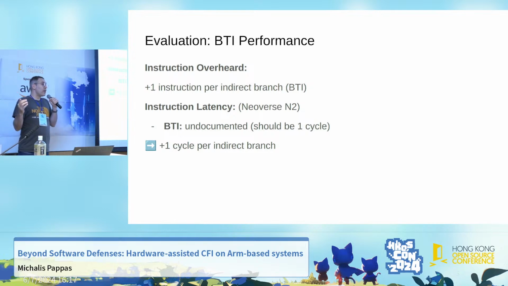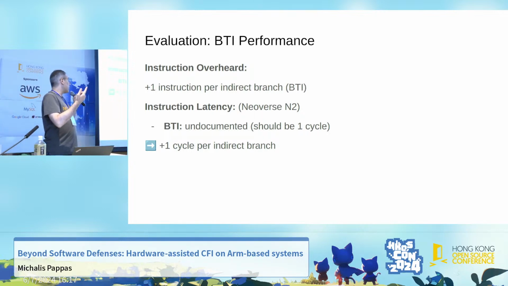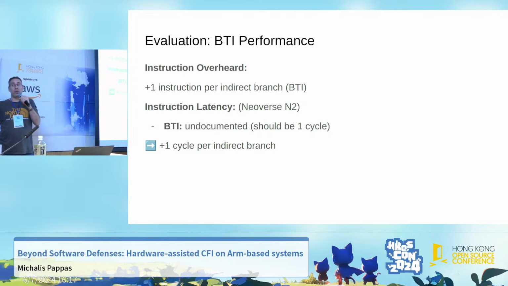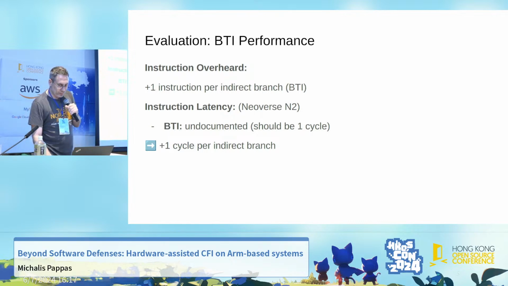Although I looked at all the optimization guides that I could find, they don't document it. I think it's safe to assume that it's only one cycle, because it just does one check against the processor state branch type. So this is one cycle per indirect branch, and if we stick to the assumption that indirect branches are 1% of the total instructions, then again, this is nothing.